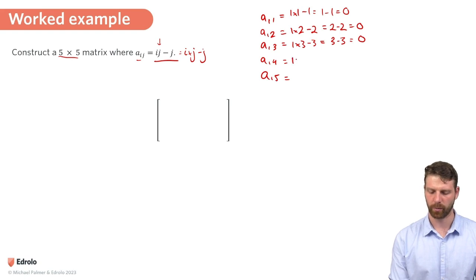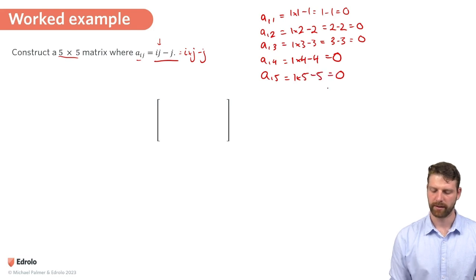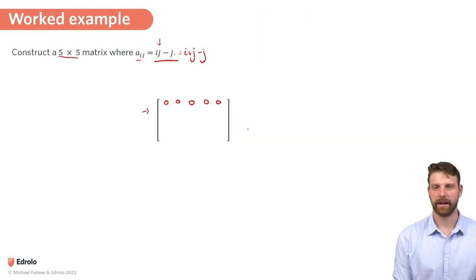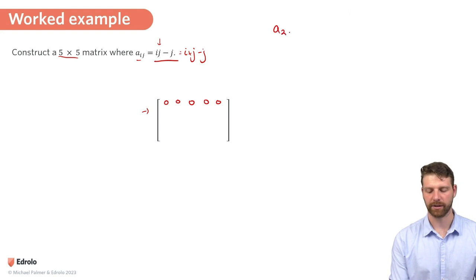So I've got 1 times 4 minus 4 for the next one. Yep, that's certainly 0. 1 times 5 minus 5, 0. Okay, so the top row is zeros. Let's move on to the next row. Okay, the next row is row 2, so I should have elements A21, A22, A23, A24, and A25.